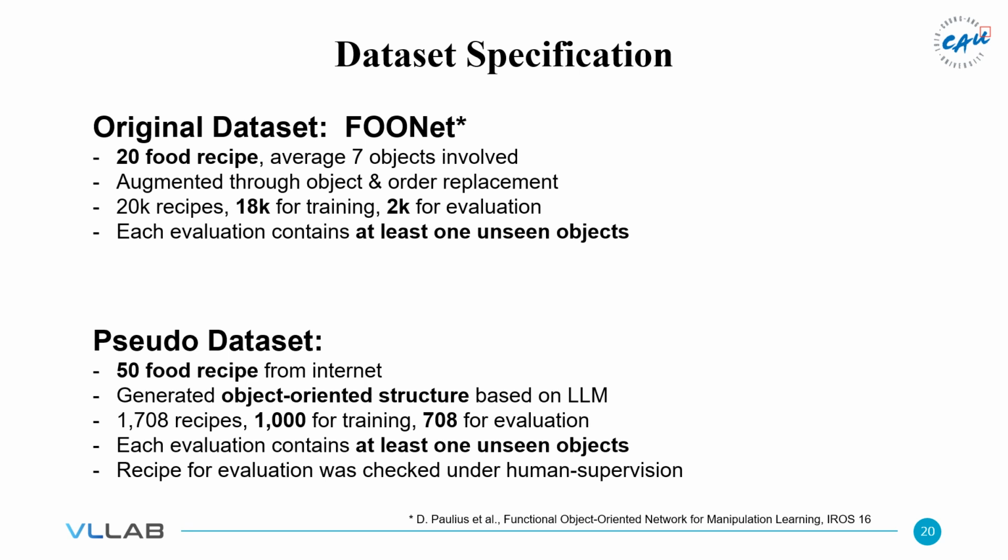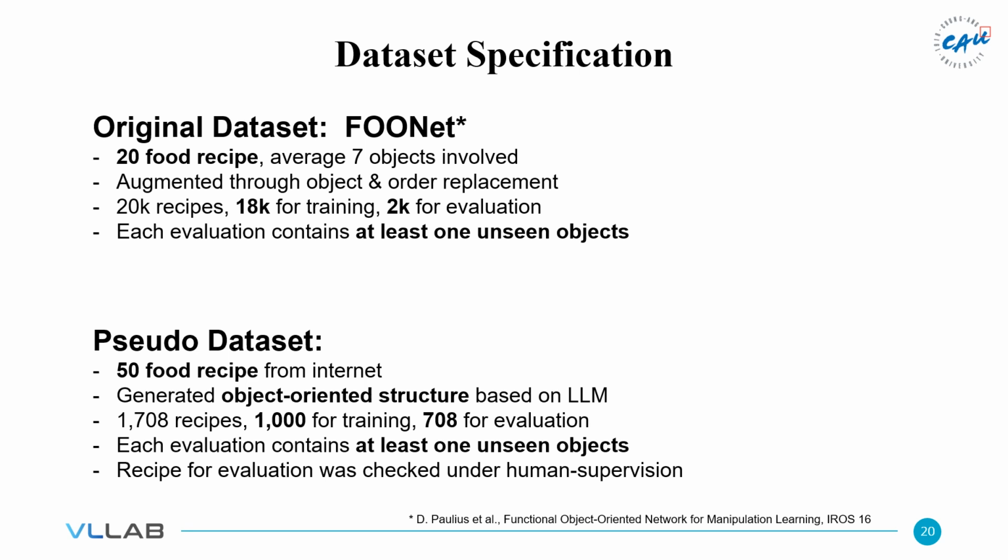To initially train our task planning framework, we employed the existing public dataset, FUNETs, with 20 food recipes, each augmented through changing order or object replacement. The augmentation was strictly supervised by humans, and for the unknown recipes, we randomly added 50 unknown food recipes that were classified as uncertain and generated 1,708 object-oriented structures using GPT-3.